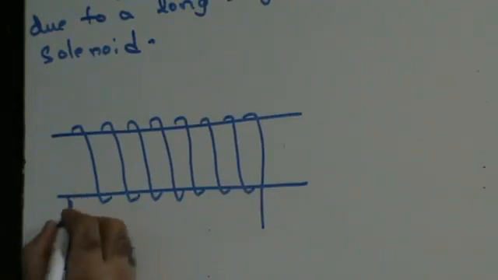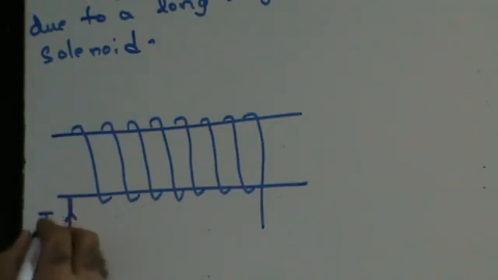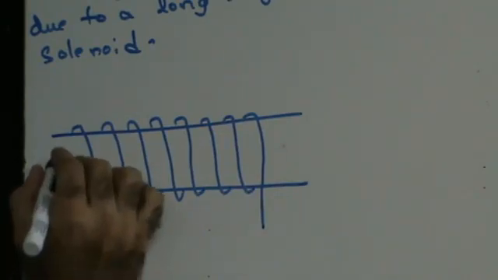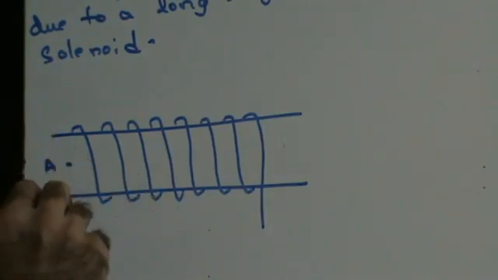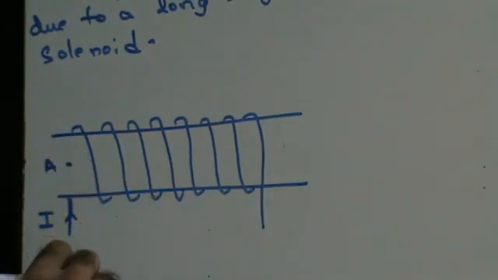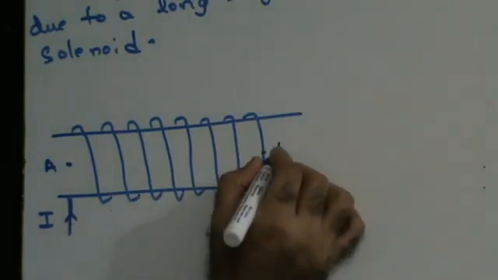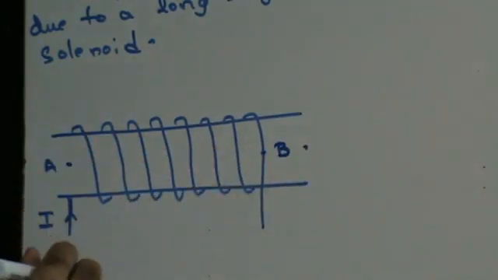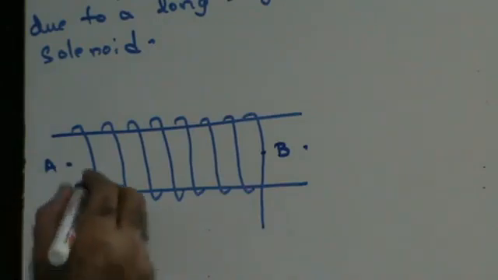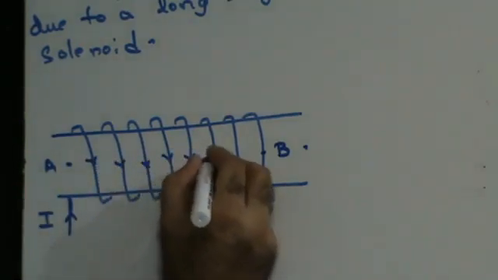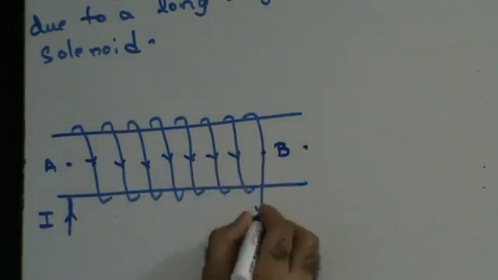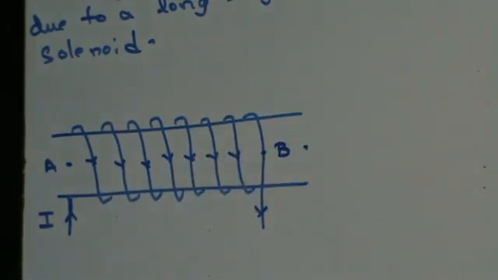Let's assume current I enters from here. This point is A, and this point is say B. Current is going to be moving through the wires and current is out from here, right?